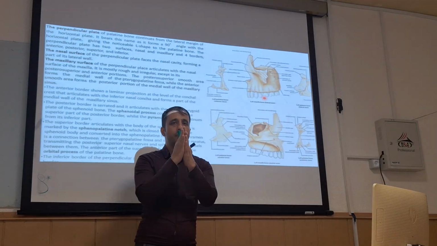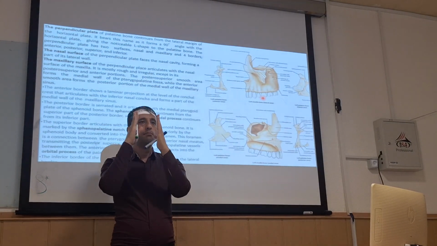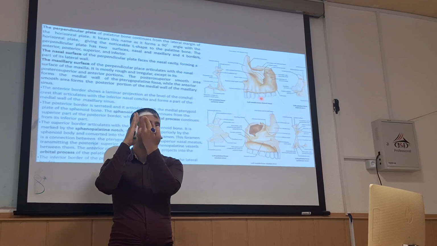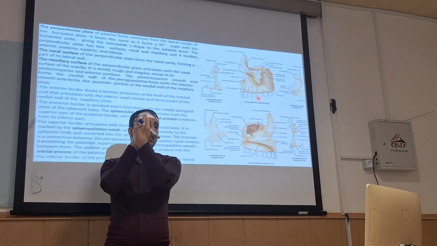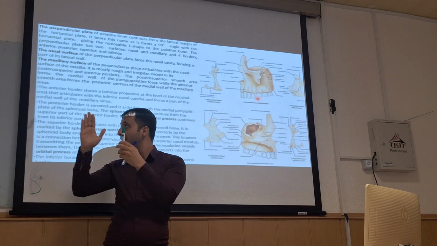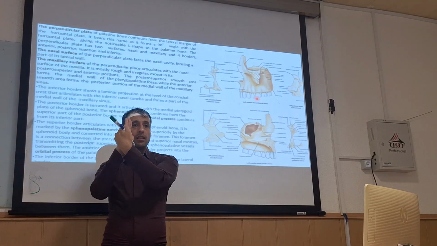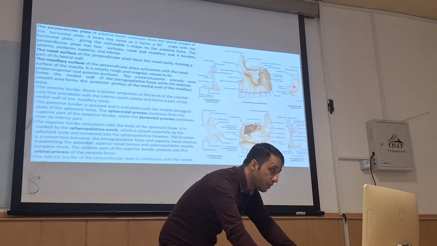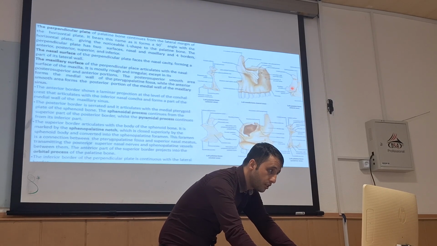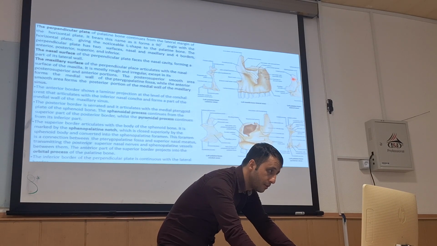The perpendicular plate has two surfaces. The medial surface covers the lateral wall of the nasal cavity. The lateral surface, I said, attaches to the maxillary bone. Look at here. It is the lateral surface of the perpendicular plate.